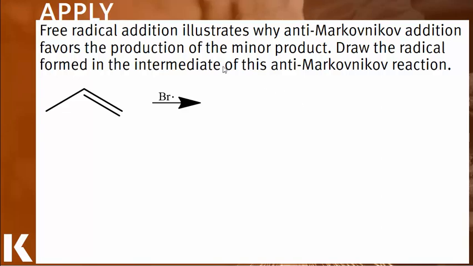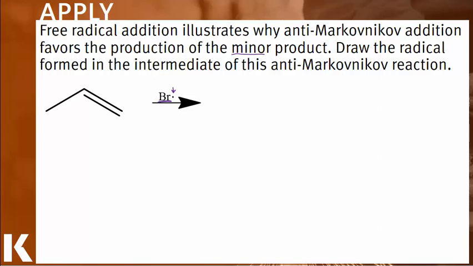So in our first example, free radical addition illustrates why anti-Markovnikov addition favors the production of the minor product. Of course, the minor product being where our nucleophile here, which is bromine radical, will add to the less substituted carbon. Now we've got to take a look at the radicals that we formed.